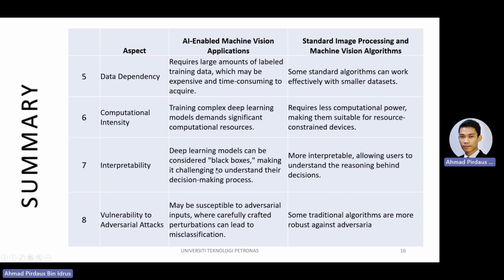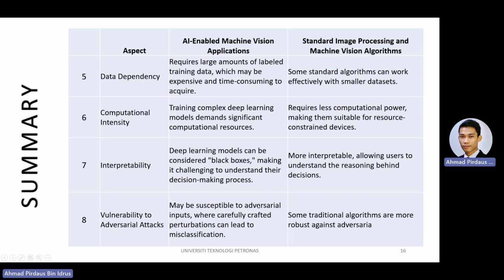The seventh one is interpretability. Deep learning models can be considered black boxes, making it challenging to understand their decision-making process. However, standard image processing is more interpretable, allowing users to understand the reasoning behind the decision. And the last, number eight, is vulnerability to adversarial attacks.